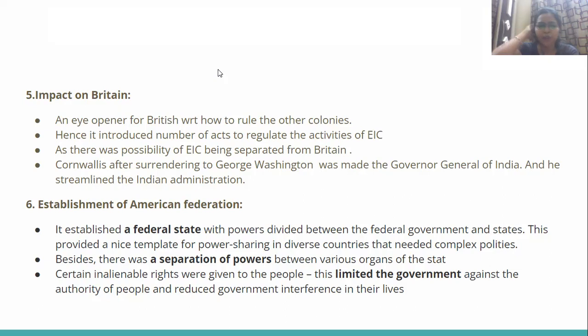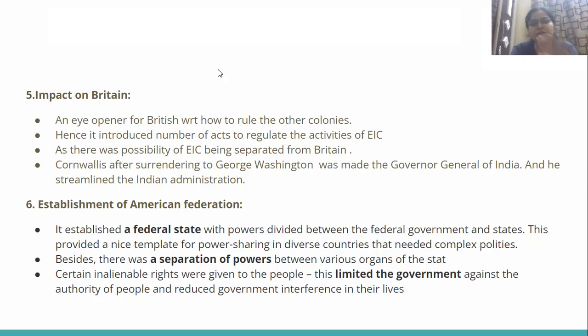The next important outcome of this revolution is that each and every person has certain fundamental rights. So America ka constitution, it gave a document, Bill of Rights, which we have introduced in India in the form of fundamental rights. Okay, so Bill of Rights is an American document which grants fundamental rights to the Americans, and this limited the American government.